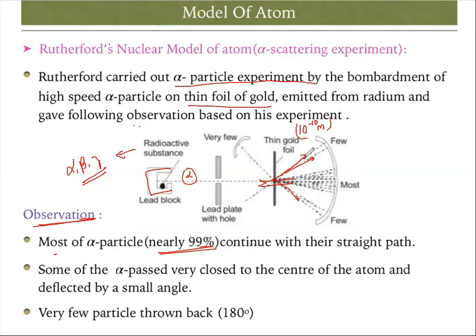You can see this is a small angle. And very few particles are thrown back with 180 degrees. In the next slide, we'll clearly visualize this gold foil and understand the further observations.